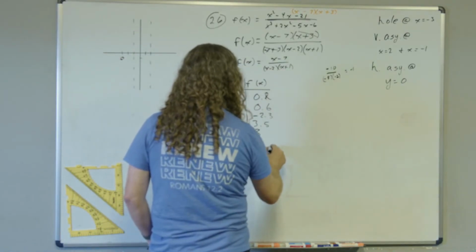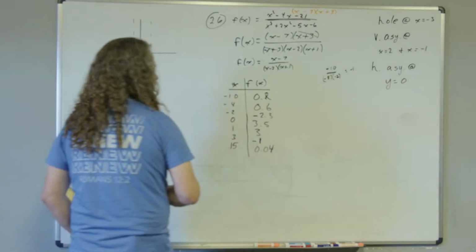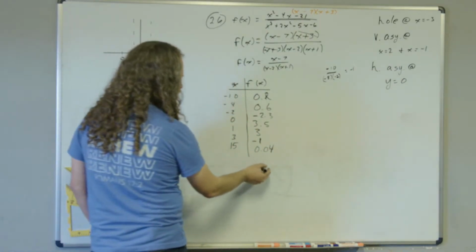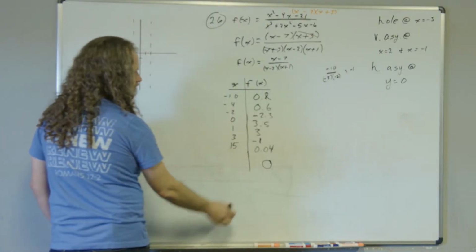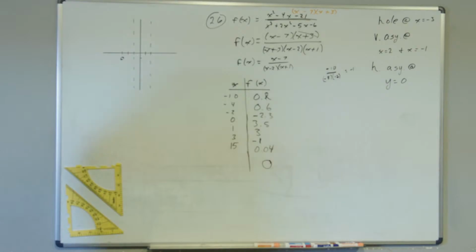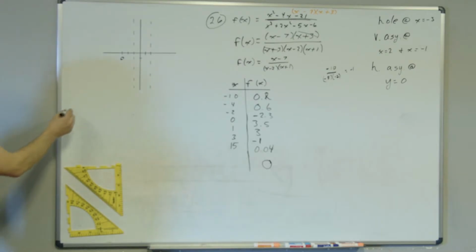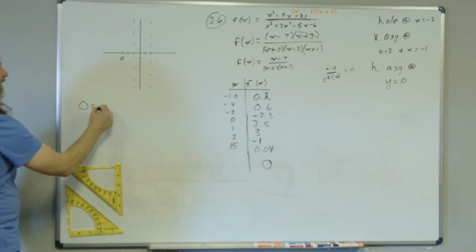There's one more point that would be useful, right? That would be the y-intercept. How can we find that? X equals 0.